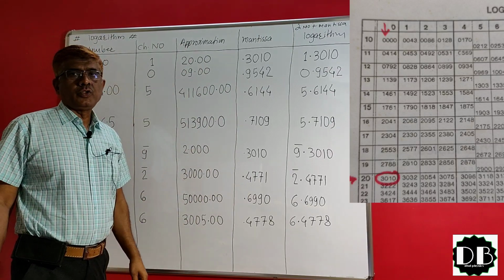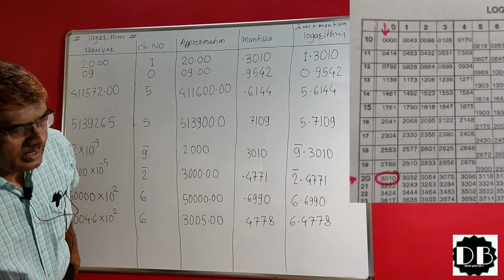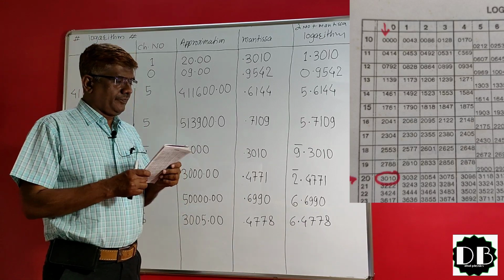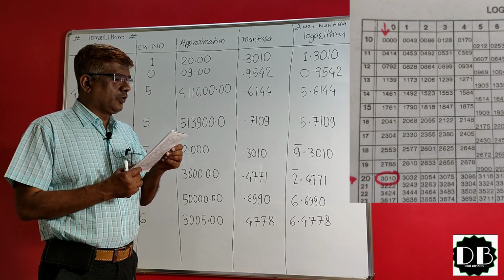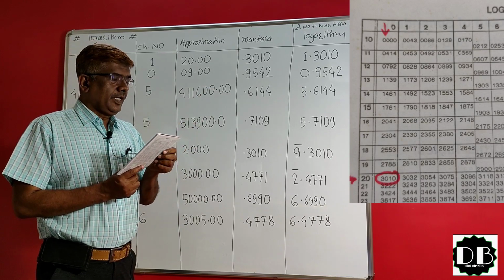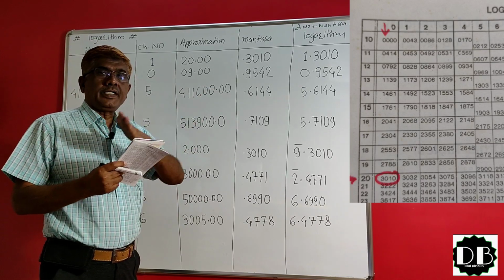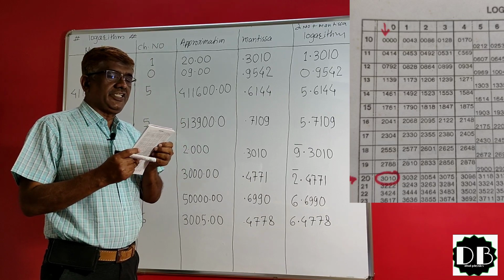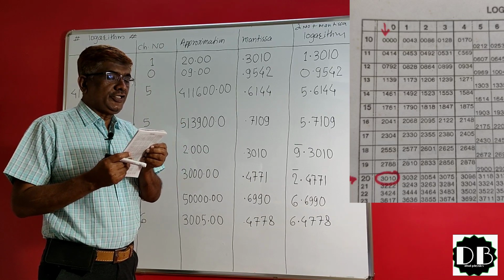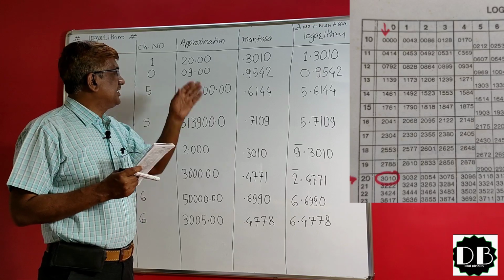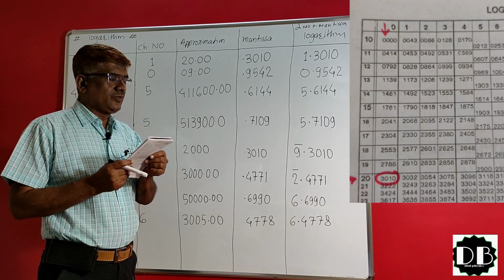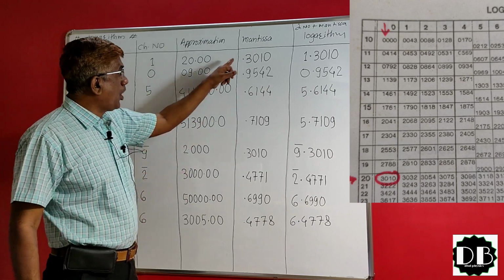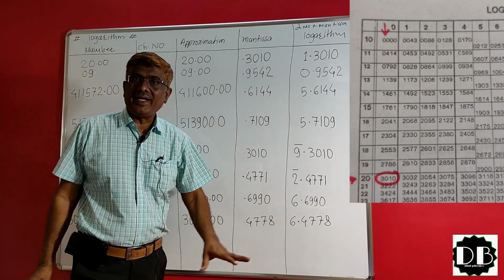Mantissa: you can see the mantissa in the log table. The first column up to 20, and after 20 the column 0. That means the row of 20 and the column of 0 meet each other at the point 0.3010. The next number is 0, that means no mean difference part. That's why its mantissa is 0.3010.